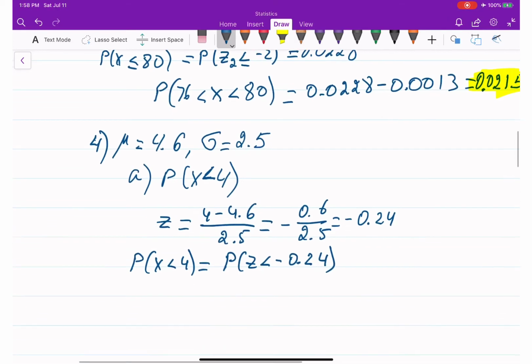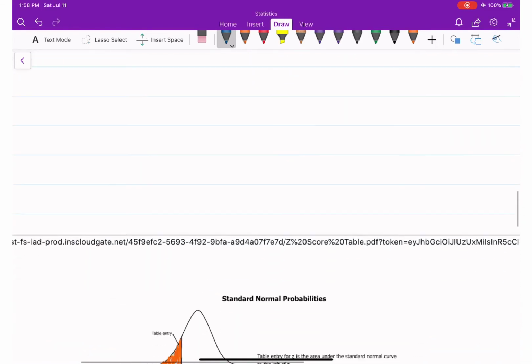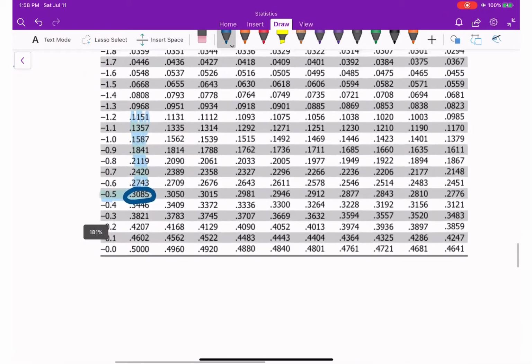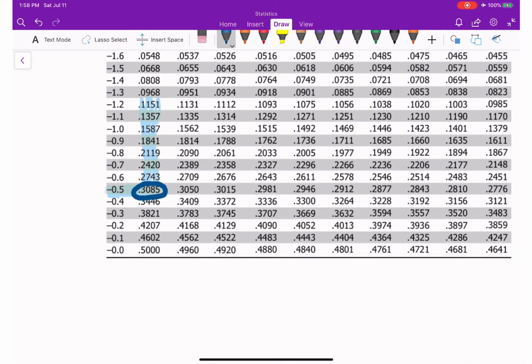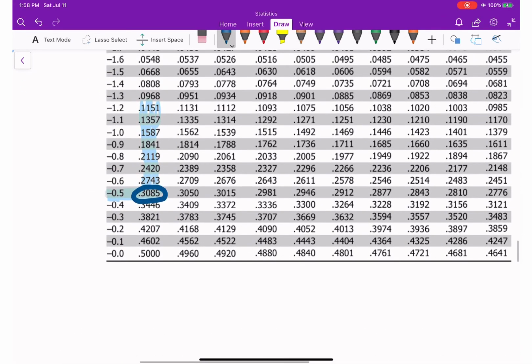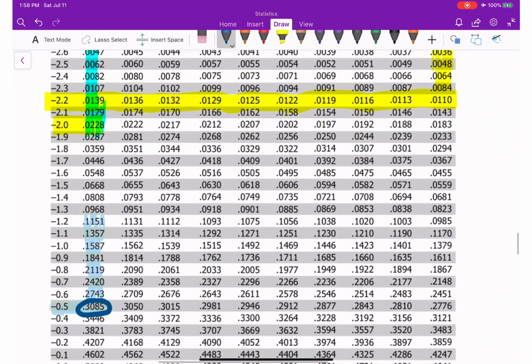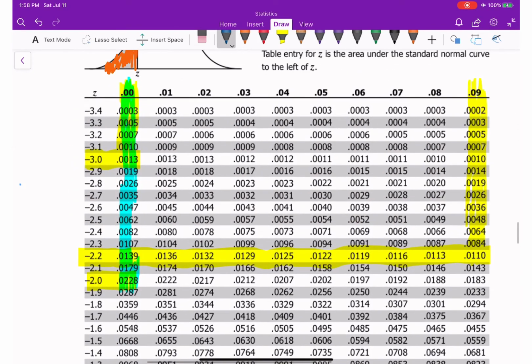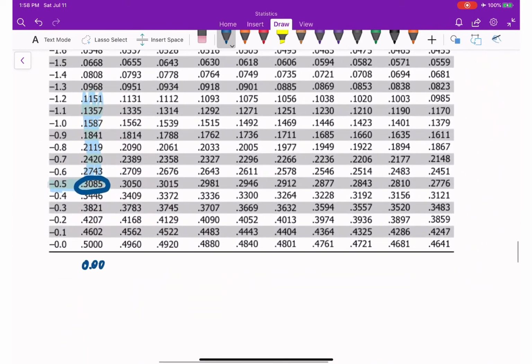So that is going to be negative 0.24. Here it is, 2. Where is my 4? Let me write down. It's going to be 0.00, 0.01, 0.02, 0.03, 0.04.